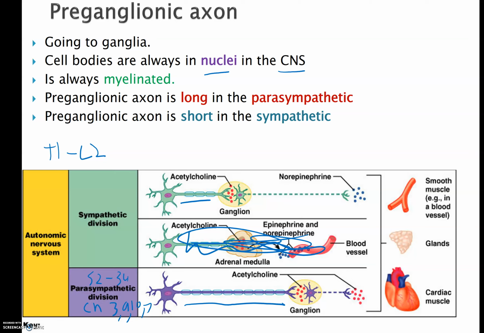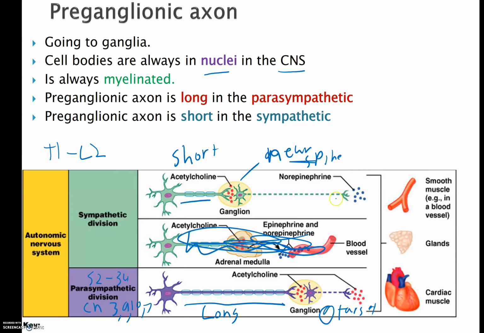Now, in the sympathetic division, it is a short preganglionic axon. The ganglia is actually near the spine. For the parasympathetic nervous system, the ganglia is at the target, so it has a long preganglionic fiber. Now we're going to see the opposite for the post, the fiber after.